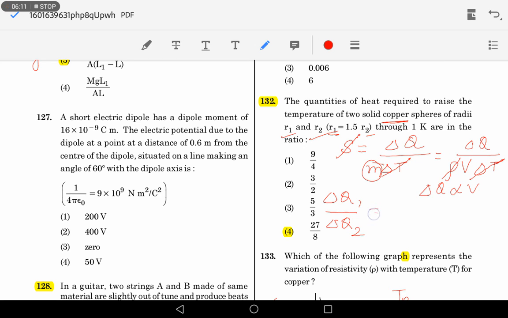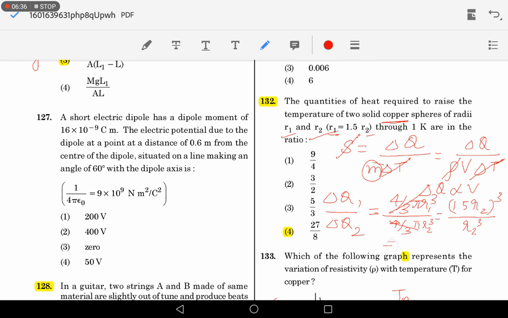So del Q is proportional to V, or del Q1 by del Q2 is 4 by 3 pi R1 cube by 4 by 3 pi R2 cube. Now 4 by 3 pi gets cancelled, and R1 is equal to 1.5 R2, the whole cube by R2 cube.